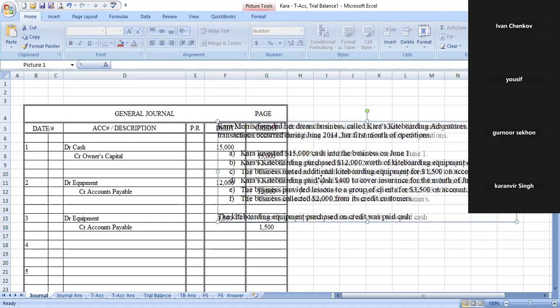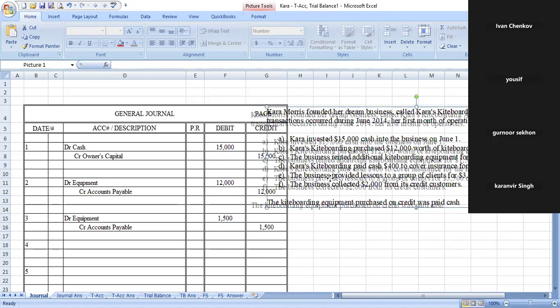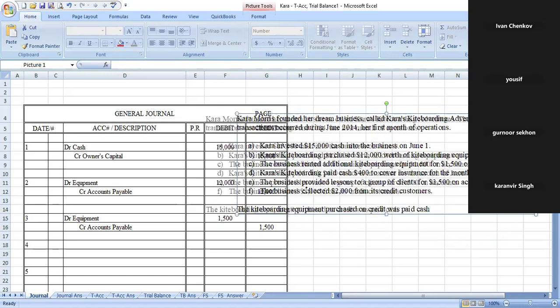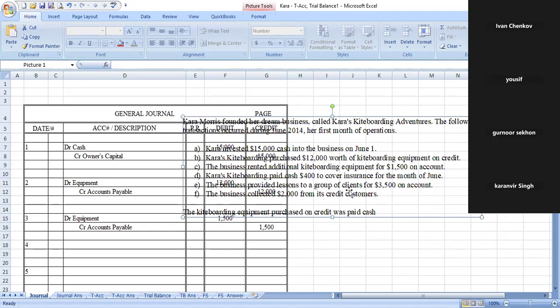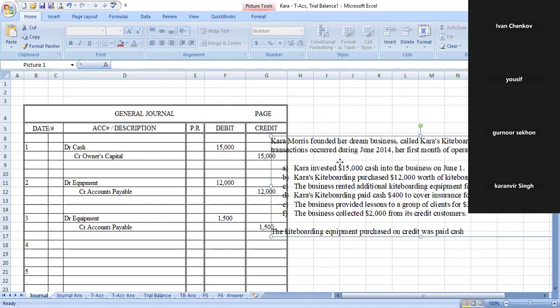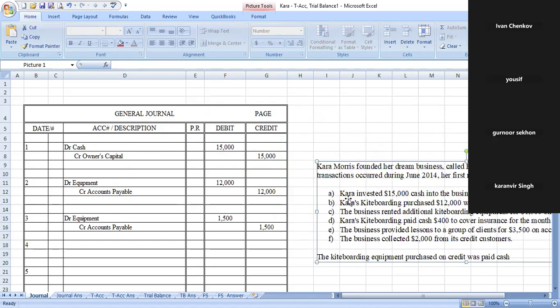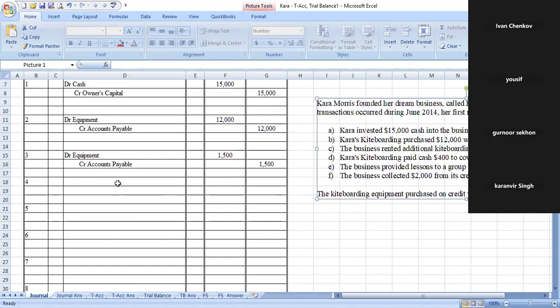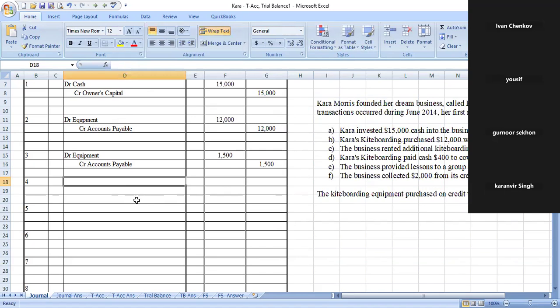Next one. She paid $400 to cover the insurance for the month of June. So if she pays that insurance, which she is using for the business, what will be that for the business? That will be expense. What kind of expense? Insurance expense.